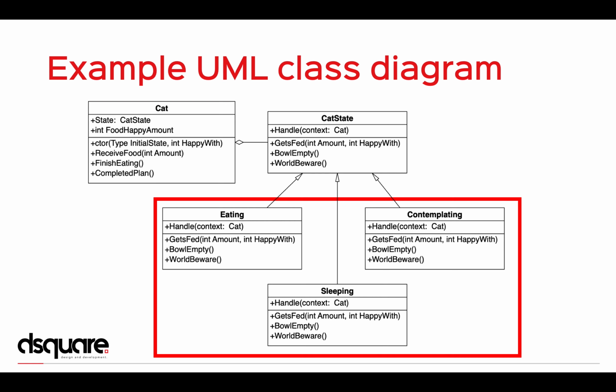With that being said, our next step is to implement our three states: the eating state, the contemplating state, and the sleeping state. Now, in this class diagram, you will notice that all three of the methods in the base class are present in each of these derived classes.